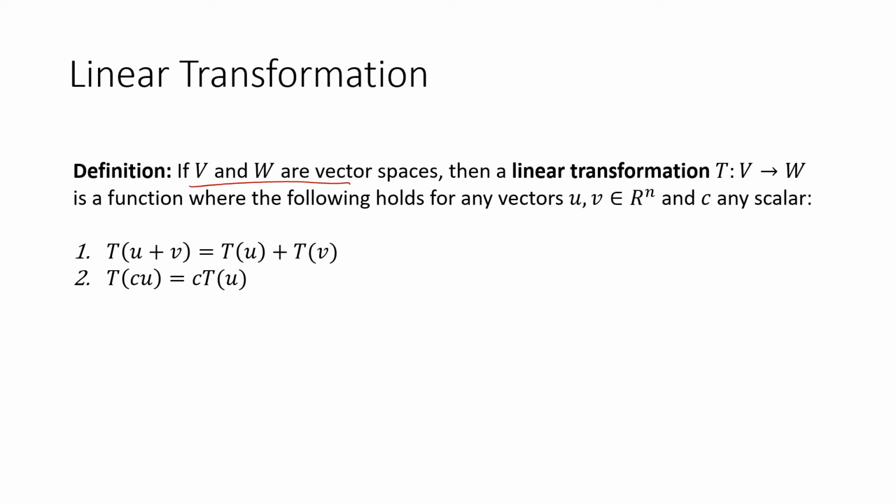If V and W are vector spaces, a linear transformation from V to W is a function where the following two conditions hold: adding two vectors and then transforming is the same as transforming each individually and then adding, and transforming a scalar times a vector is the same as transforming the vector and then multiplying by the scalar. If those two things hold, then it is a linear transformation between two vector spaces.